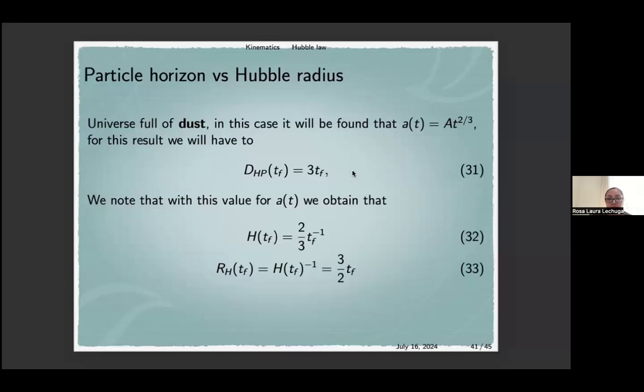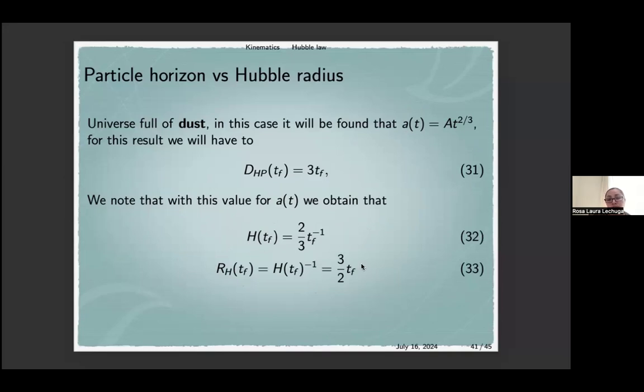And you can also perform the calculus to get the Hubble factor, which is the time derivative of A divided by A. So this is the expression, and remember that the Hubble radius is the inverse of the Hubble factor.